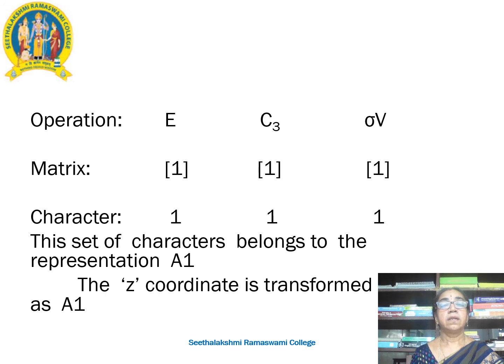Then, the coordinate Z is transformed into another form, and is given by the matrices with the characters 1, 1 and 1. This set of characters belongs to the representation A1. Thus, Z coordinate transforms as A1. So, section 3 is completed.